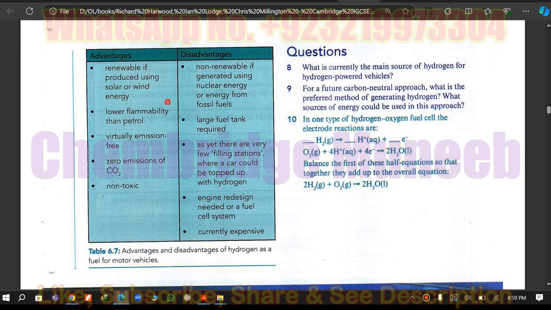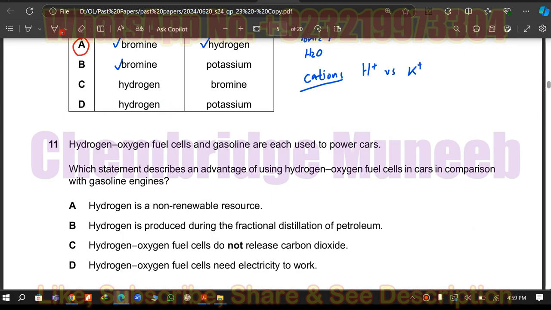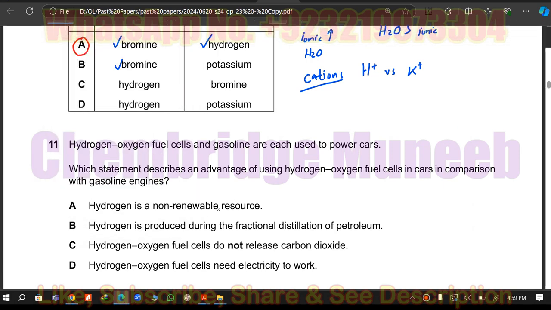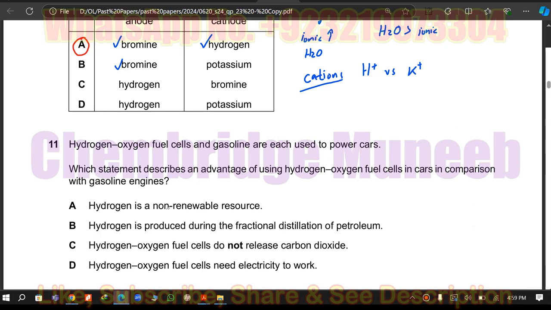so that you can compare all these points with the points given in the question. So coming back to the question, it says that hydrogen is a non-renewable source. It is not correct. Hydrogen is considered as a renewable source in case of the hydrogen oxygen fuel cells, because the use of hydrogen oxygen fuel cell is basically specified for the renewable source of energy.